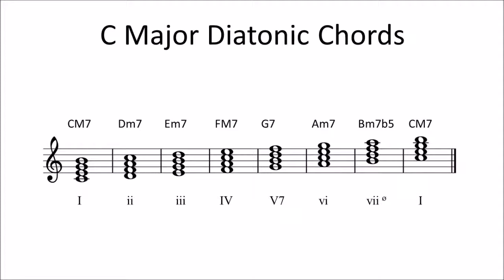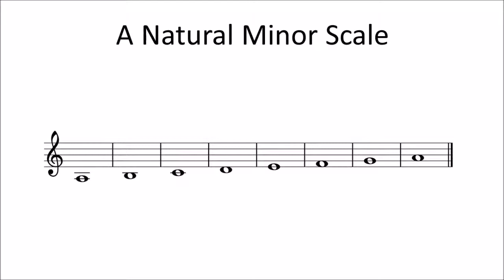You'll notice here that the major scale has major chords on the 1st and 4th degrees. The 2nd, 3rd, and 6th degrees are minor, the 5th degree is a dominant, and the 7th degree is half diminished. These are the chords that are formed when we stack thirds from the major scale on top of each other.